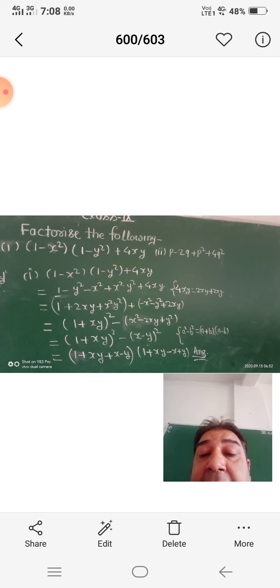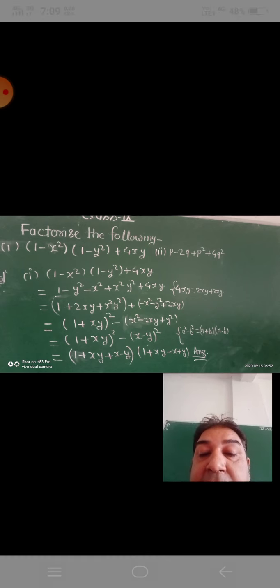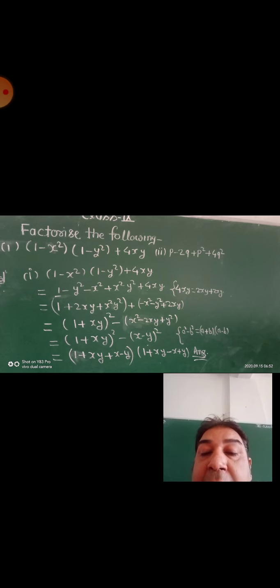So a plus b is 1 plus xy plus x minus y, and in another bracket a minus b is 1 plus xy minus x plus y, minus into minus plus y. So this will be the answer: (1 plus xy plus x minus y) into (1 plus xy minus x plus y).